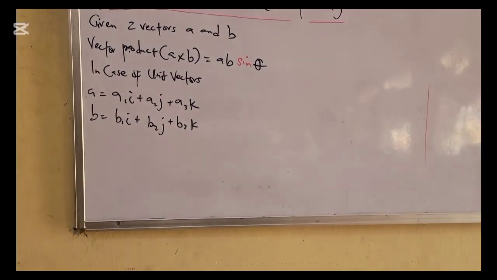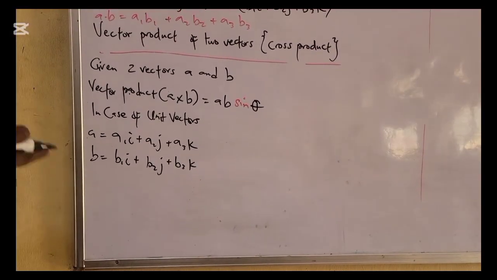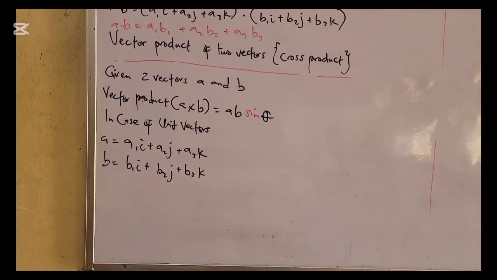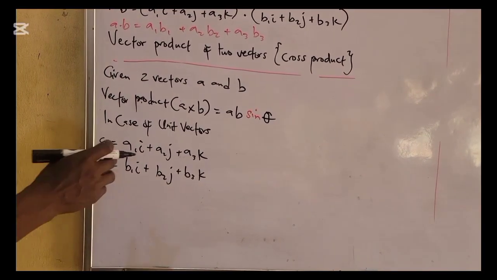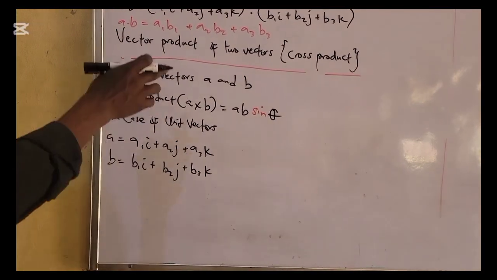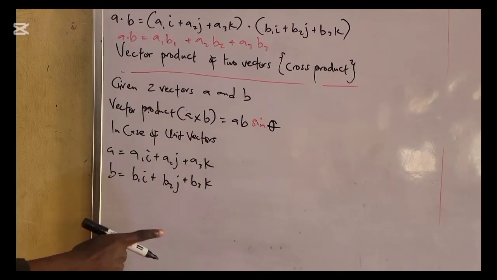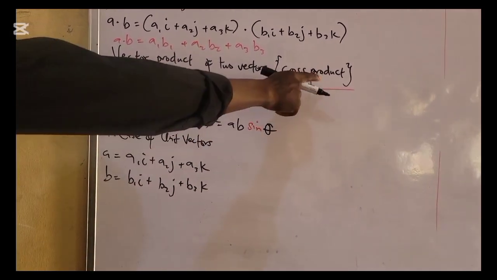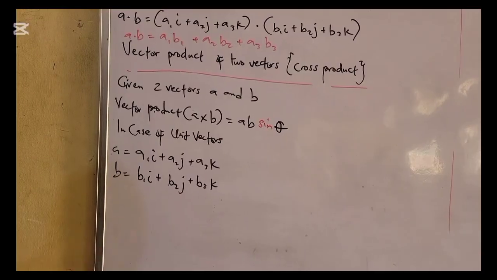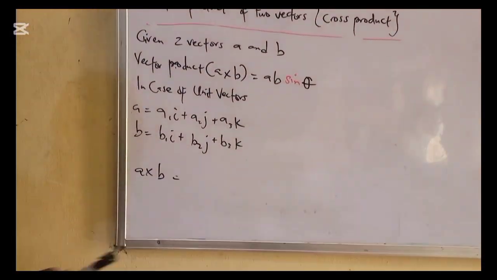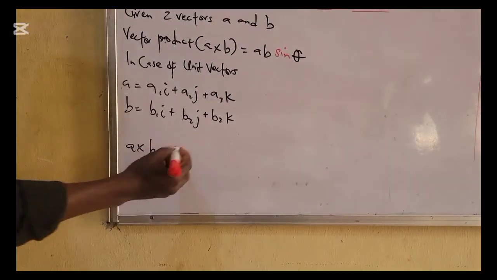So now, what do we do here? We look for the cross, and this will lead us to determinants. When we are dealing with the vector product of two vectors using unit vectors, it's going to be determinants. So we are having A cross B as a determinant.